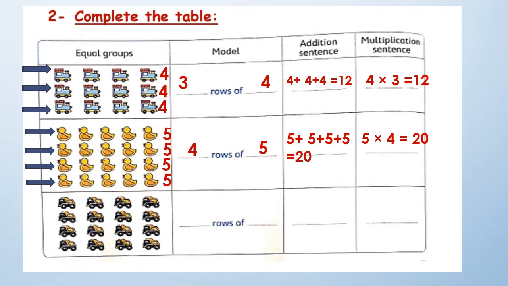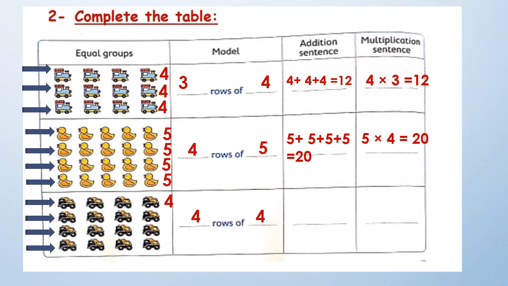The last one, let's count the rows. 1, 2, 3, 4. So here 4 rows of what? Yes, each row contains 4 items. So this array is written as 4 rows of 4. Let's write the addition sentence.